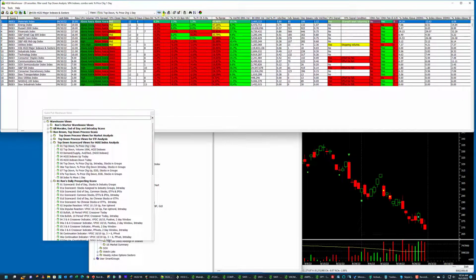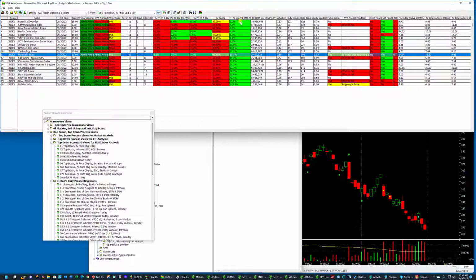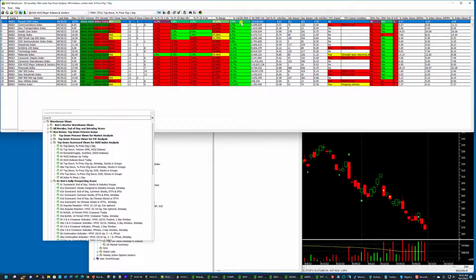I'll sort on raw combo. Now notice that all of these indexes are down other than the materials sector. And what I wanted to point out here is look at the volume on these HGSI indexes, which are produced by HGSI. Volume's up on all of these.